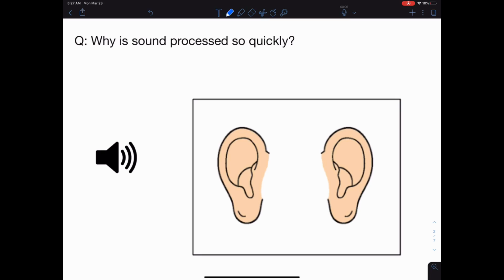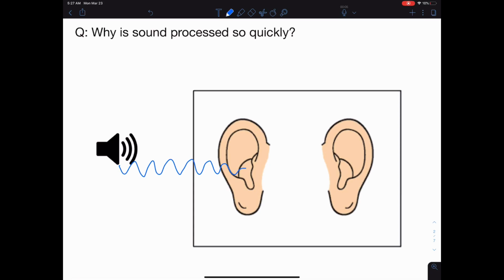The reason is that when a sound wave comes in to one ear, in order to tell the direction the sound is coming from, you need to be able to detect a time delay, and that is the time it takes for a sound to arrive at one ear, and then arrive at the other.